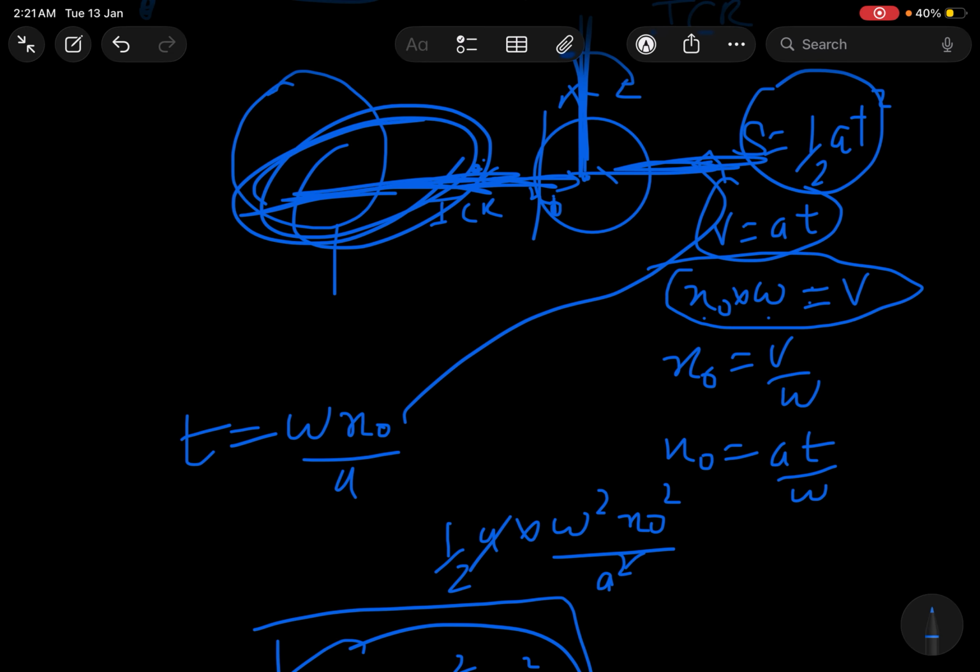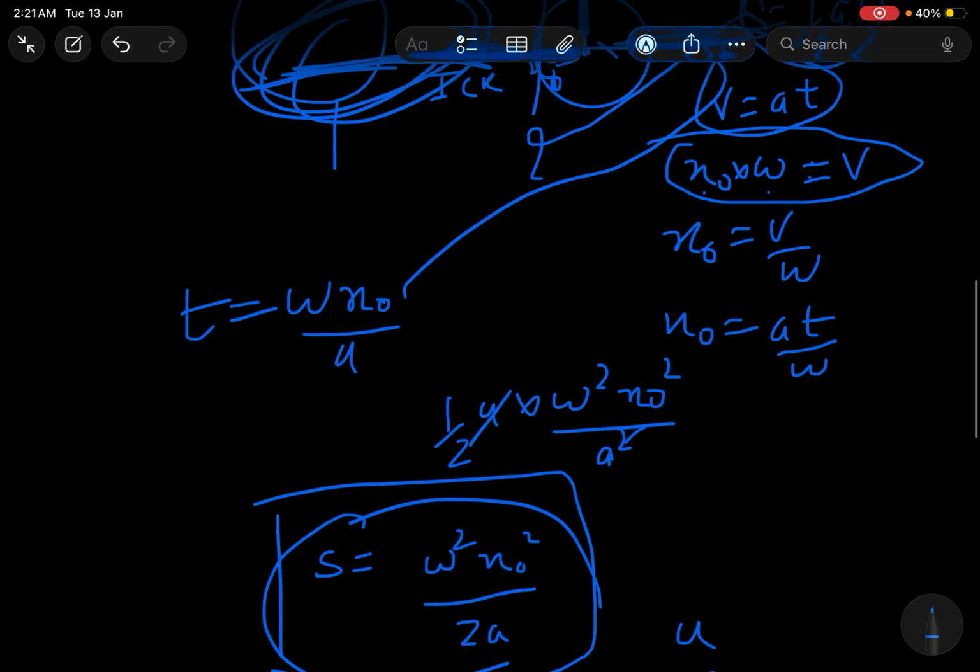Now x naught was the distance of the ICR from the center of the disk, or from the axis on which the disk was rotating. So we got the value of x naught, and we already had the value of v equals at. So we substituted t in this equation, and then finally we got the equation of trajectory.